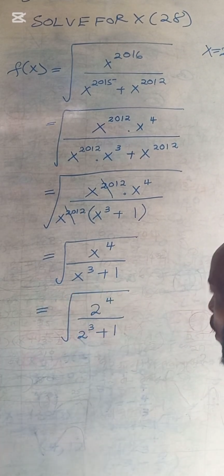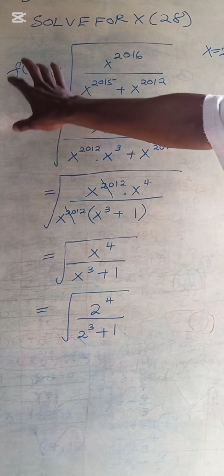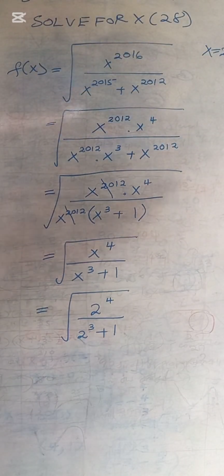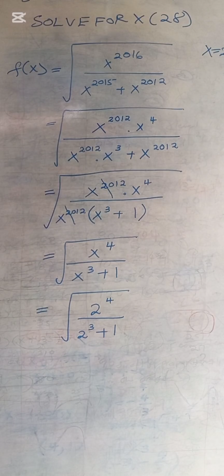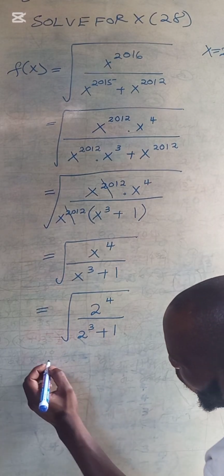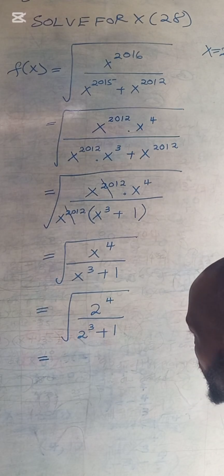Remember the question was solve for f of x without the use of a calculator if x is equal to 2. So we did all this so that we can put it in familiar territory. If we substitute x, we can do it without a calculator, right? Our brain can reduce it to our brain capacity basically.